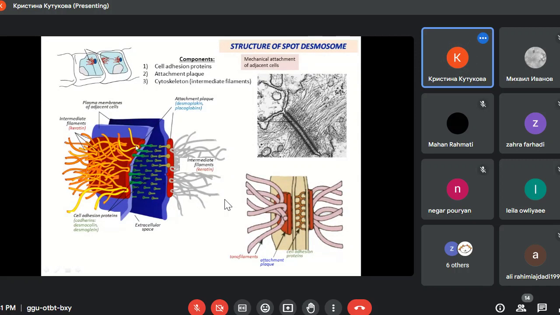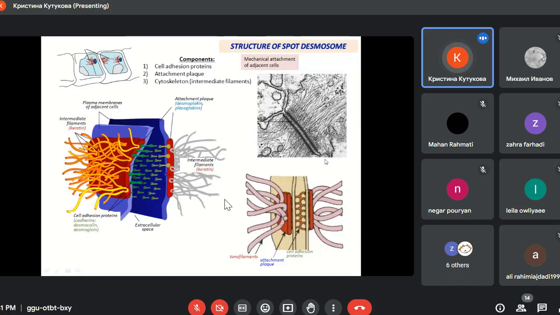They are attached to the attachment plaque, red in this picture. Attachment plaque here is composed of proteins desmoplakin and placoglobins, and also to this attachment plaque the intermediate filaments are attached. Intermediate filaments in epithelial tissues are composed of protein keratin.